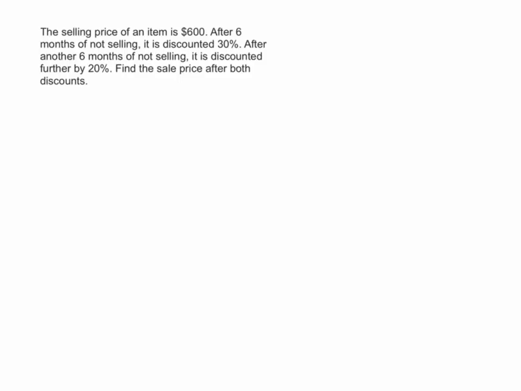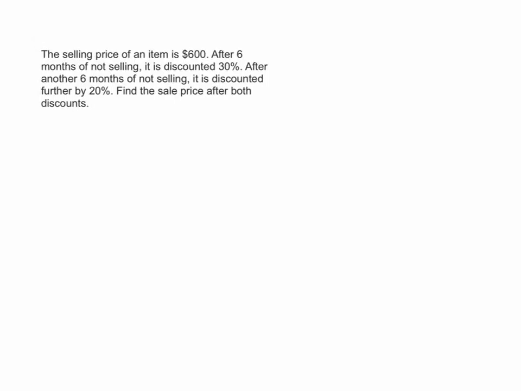So for the first one, we have $600 as the selling price. It didn't sell, so they put a 30% discount on that. And we know to find that we have to convert the percent to a decimal. So 30% becomes 0.3.